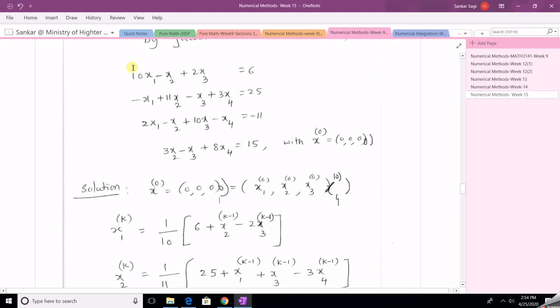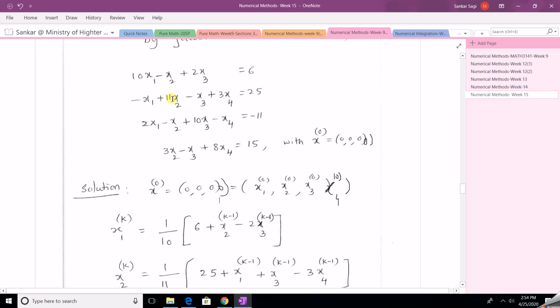So here the diagonal element is 10, which is greater than or equal to the absolute values of the coefficients minus 1 and 2. So 10 is definitely greater than or equal to modulus of minus 1 and 2. Therefore, the first equation is okay. In the second equation, this is the diagonal element.